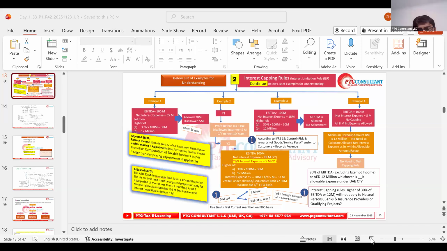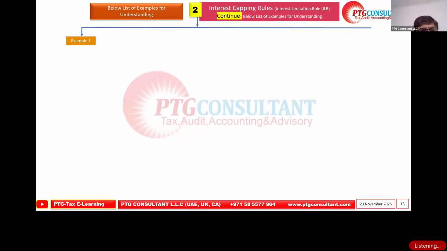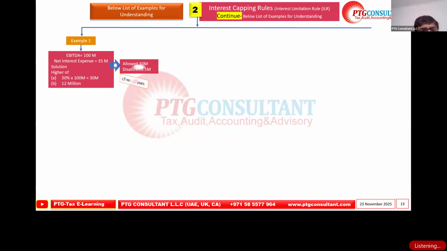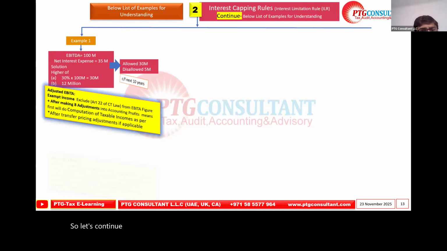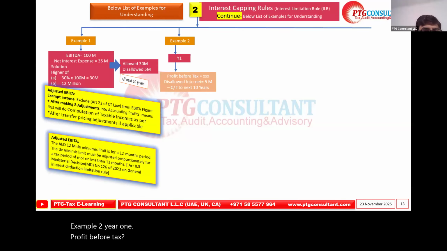Okay, welcome back, and we are going to start again with the same example. Example two, year one: profit before tax and disallowed interest expense.